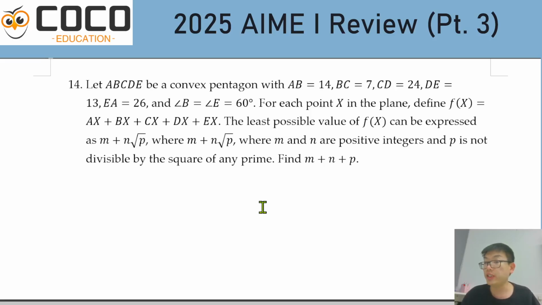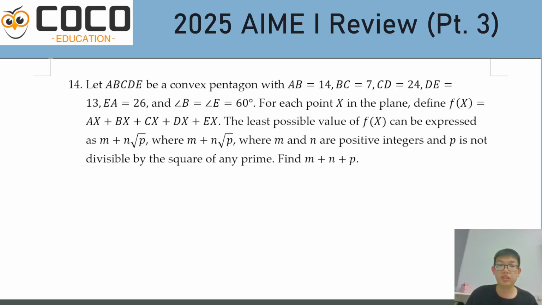Okay. Question 14. You have this convex pentagon with AB is 14, BC is 7, CD is 24, DE is 13, EA is 26, and angle B equals angle E equals 60 degrees.